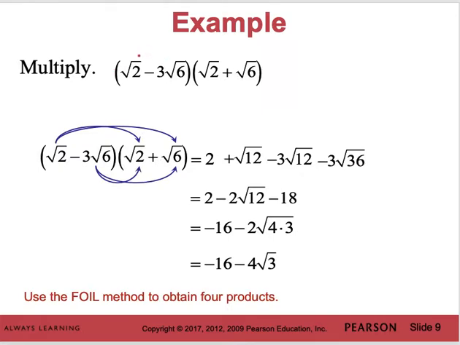Again, we have two separate terms being multiplied by two separate terms. So we can use our FOIL method to distribute first, outside, inside, and last. But in this case, we can simplify our original answer further. We know that the square root of 36 is a perfect square.